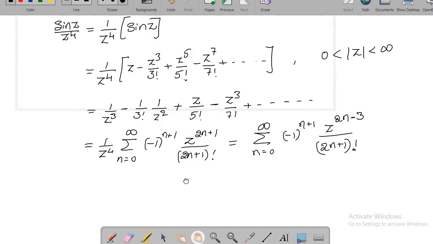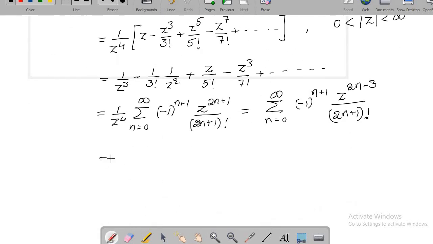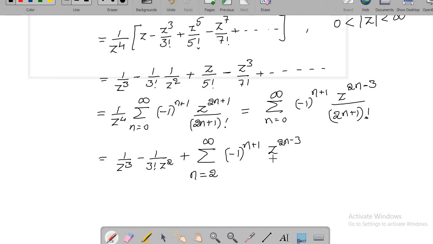Let me clearly write 1 by z cube minus 1 by 3 factorial into z square plus, now the rest of the thing I'm going to write like this: n equal to, when n is 0 you get this, when n is 1 you get this, so n equal to 2 to infinity, negative 1 to the power of n plus 1 into z to the power of 2n minus 3 by 2n plus 1 factorial.